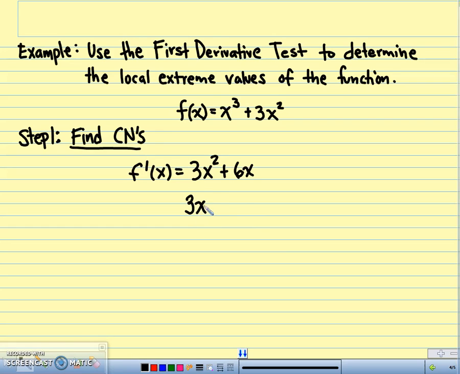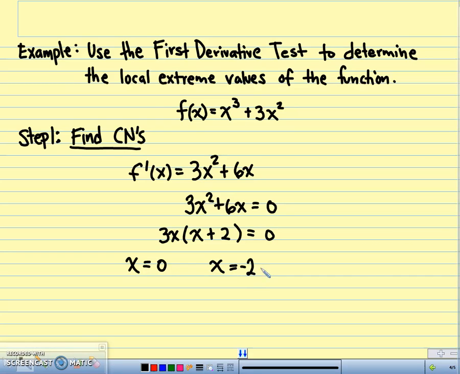So we have 3x squared plus 6x equals 0. Factor out a 3x, and we should get 3x times x plus 2 equals 0. So x equals 0, x equals negative 2.